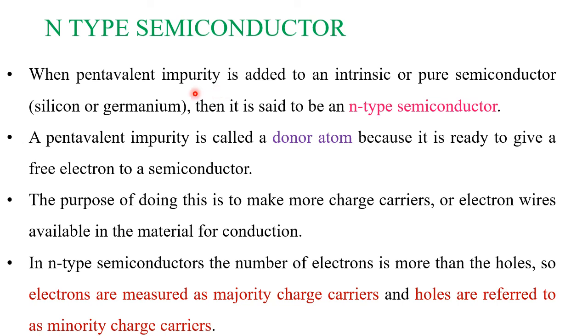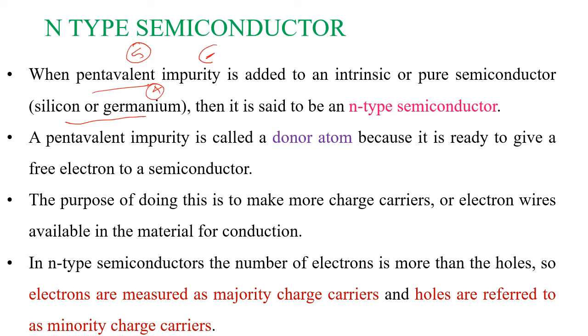N-type semiconductor. When a pentavalent impurity is added to an intrinsic or pure semiconductor, it is called an N-type semiconductor. Pentavalent impurity means it has 5 valence electrons, whereas silicon and germanium have 4 valence electrons.